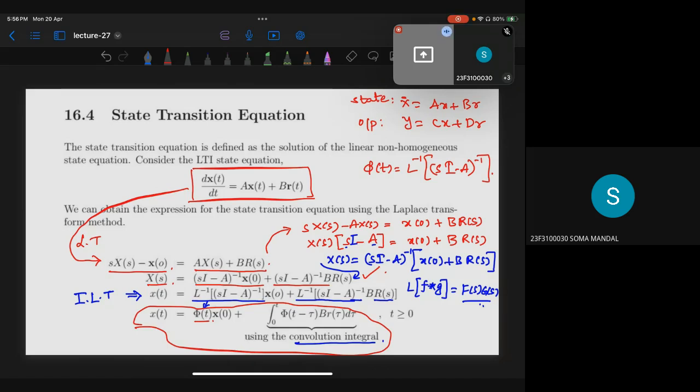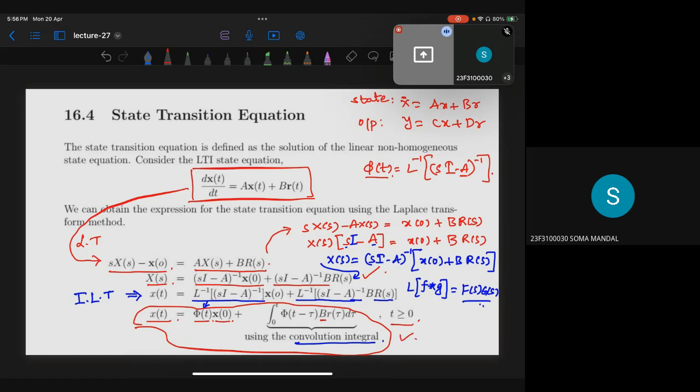So if you know your A matrix, you can find phi of t. Then if you know your B matrix, directly you can find the whole x of t, the state for all times t greater than or equal to 0, given the initial condition. Is this clear?